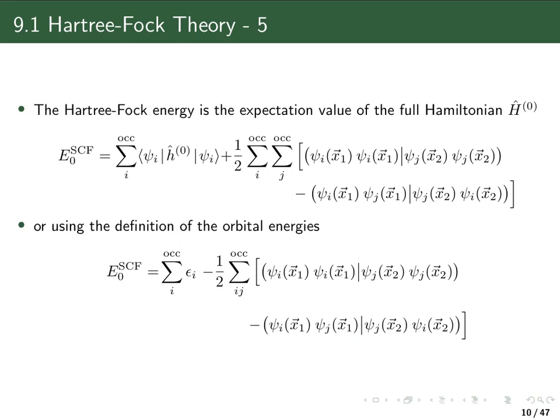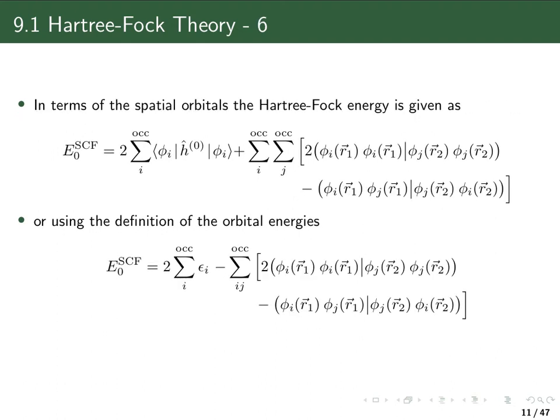In the previous slide, these expressions were all in spin orbitals. So in the next slide, I have the corresponding expression for the Hartree-Fock energy in terms of spatial orbitals. And because the spatial orbitals are doubly occupied, I have a 2 here and also a 2 again here. Except for the so-called exchange integral, the 2 is missing because of the spin integration.